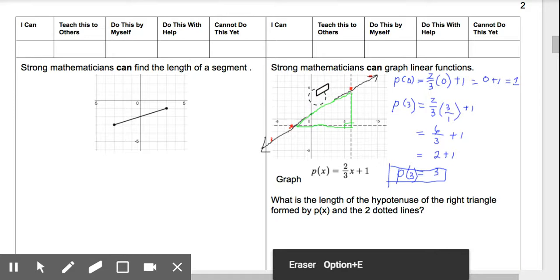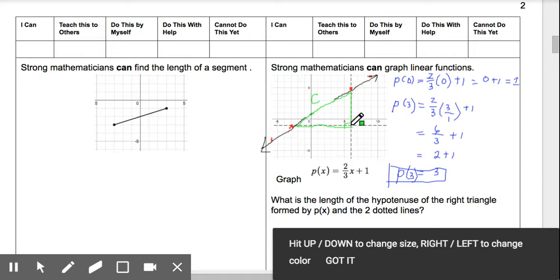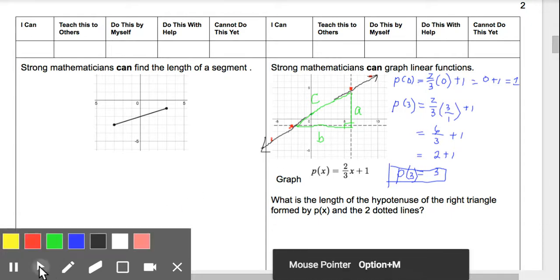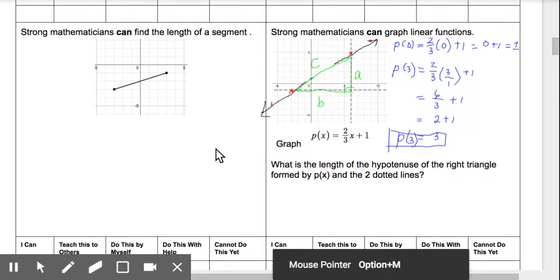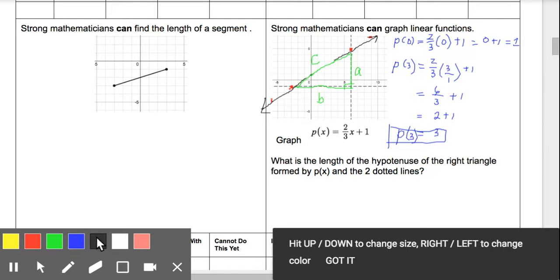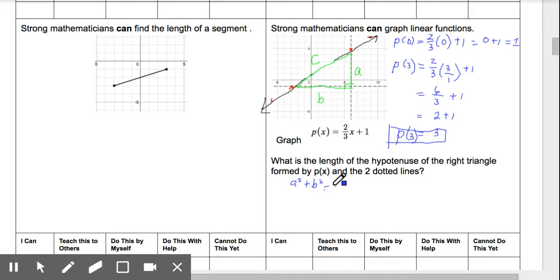This is C. One of the legs is A and the other leg is B. So now we can use the Pythagorean theorem to find C. So let's do that. All right, so we'll have here A squared plus B squared equals C squared.